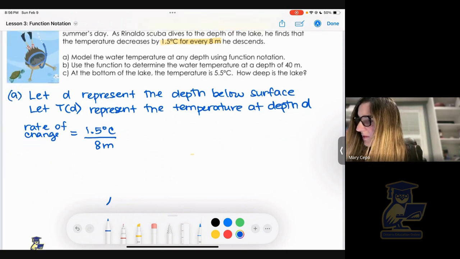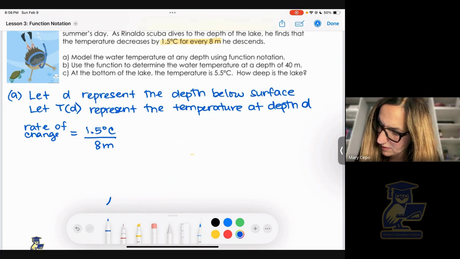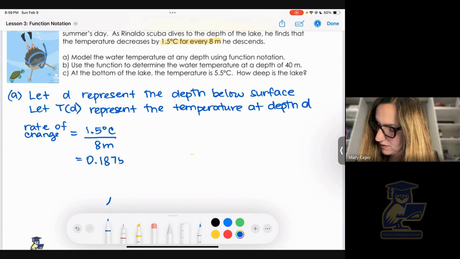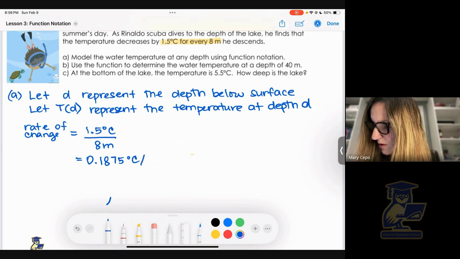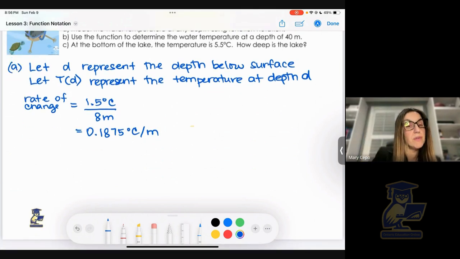Using our calculators, 1.5 divided by 8, and the rate of change there is 0.1875 degrees Celsius every meter. Okay, and that'll help us come up with the actual function.